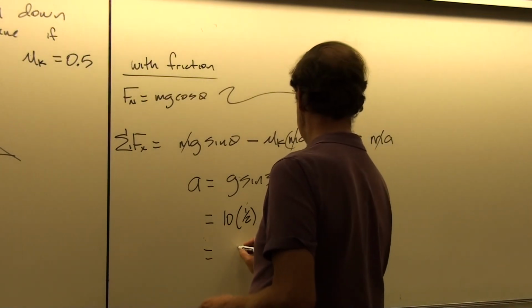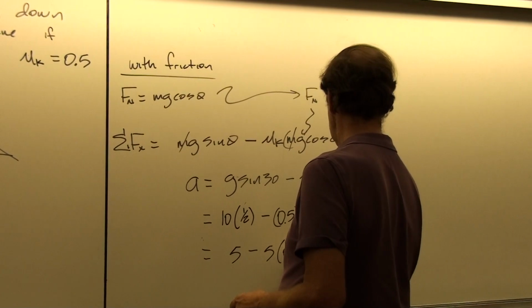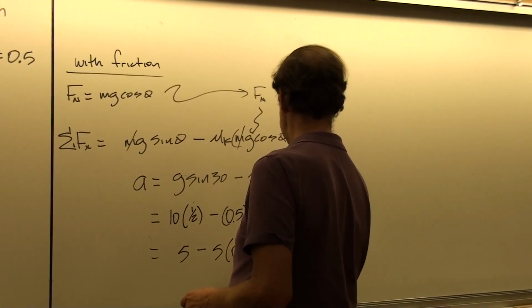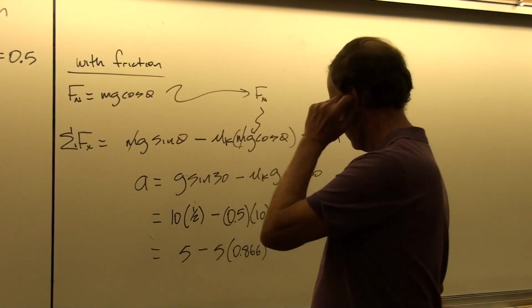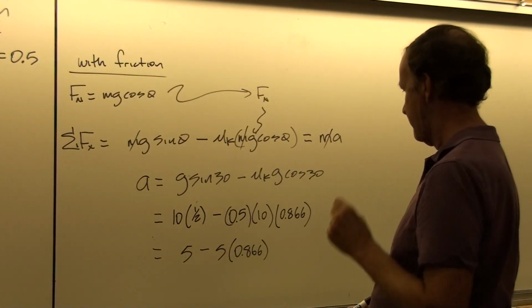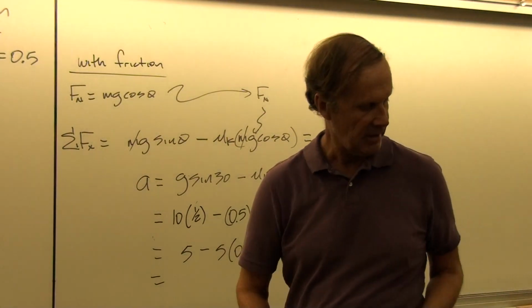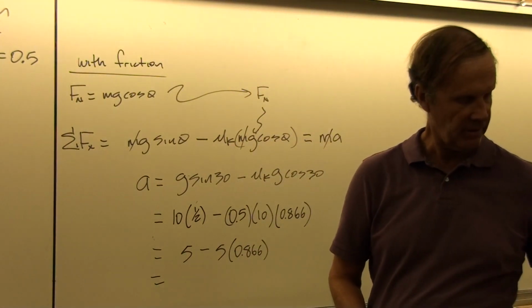So that gives me 5 minus 5 times 0.866. And so we see that it's slowed down significantly by something that has that kind of a coefficient of friction.